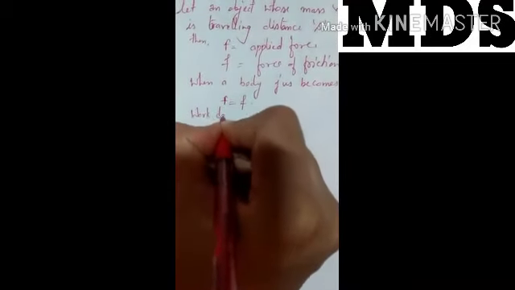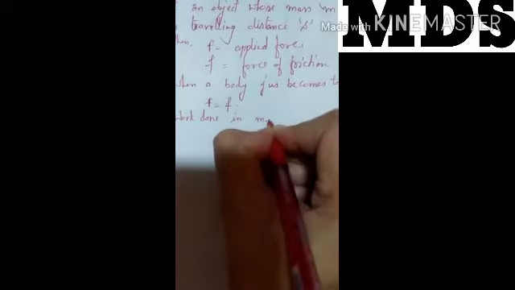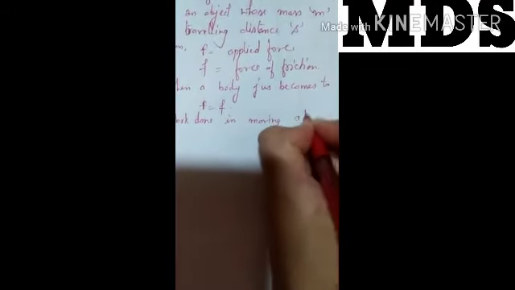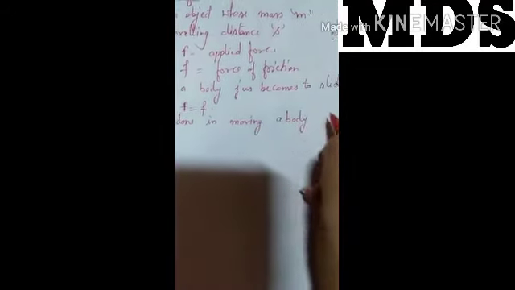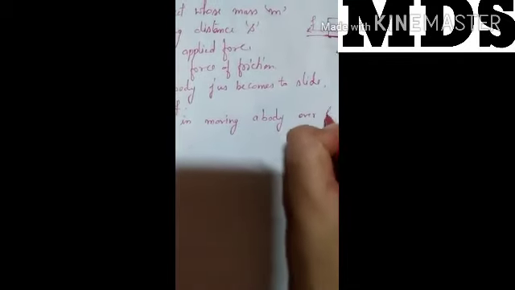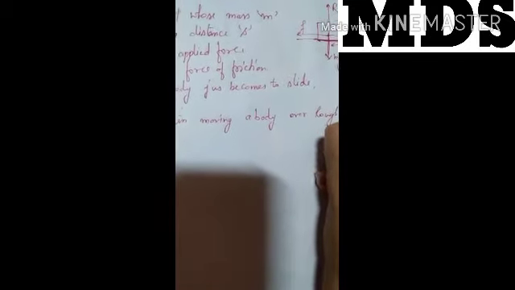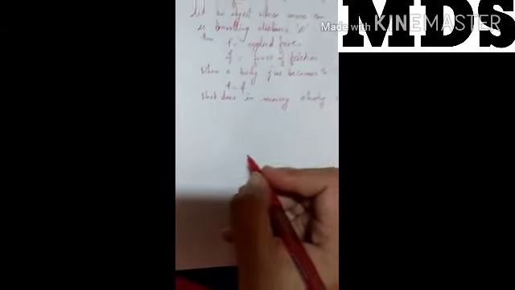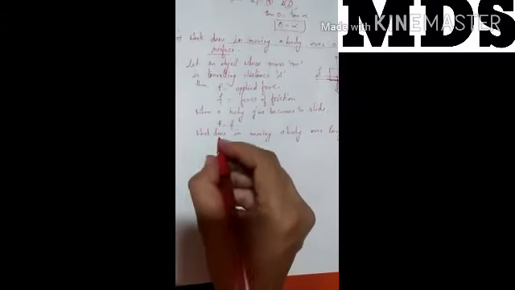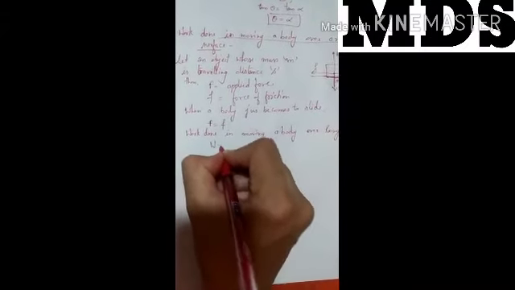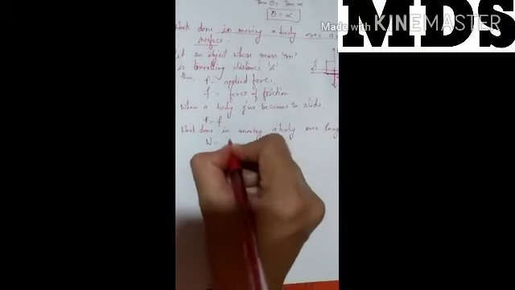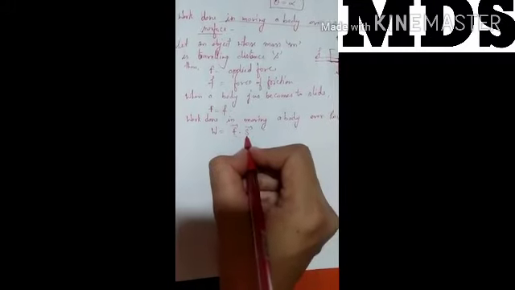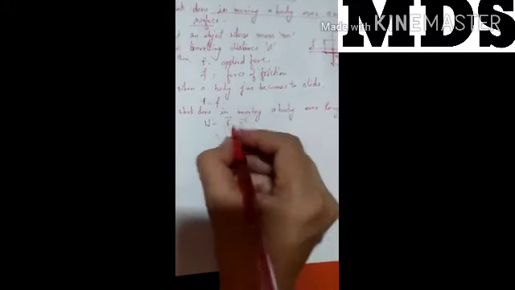Then the work done in moving a body over a rough surface will be, as we know, work done equal to force into displacement, and it is a dot product, not a cross product, F dot S. We are taking the dot product of two vectors, which always gives a scalar quantity.